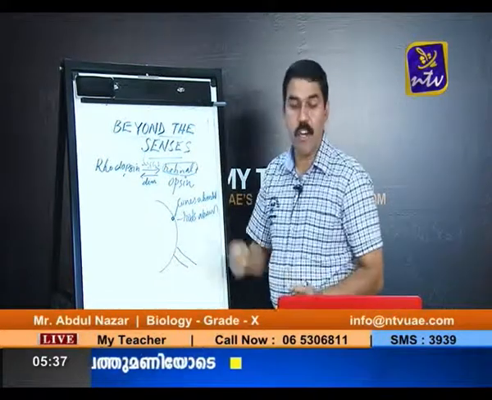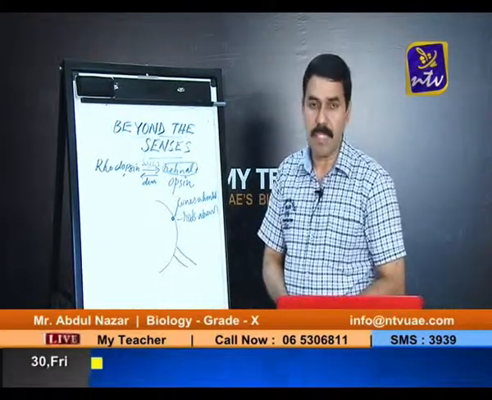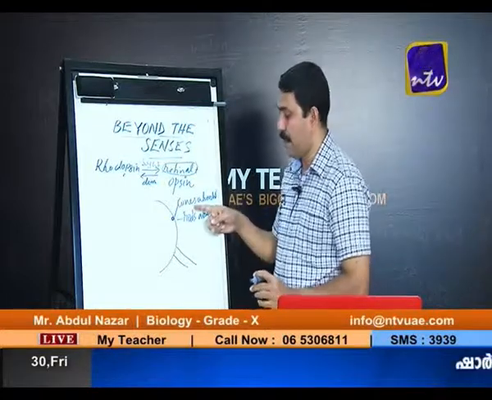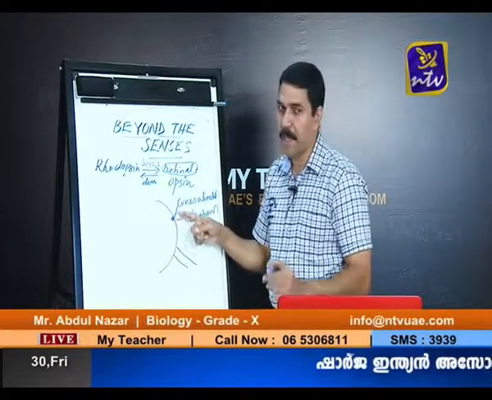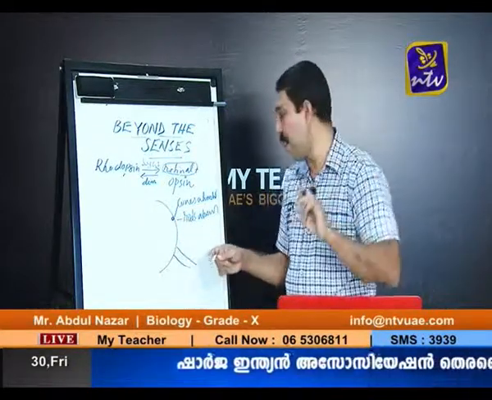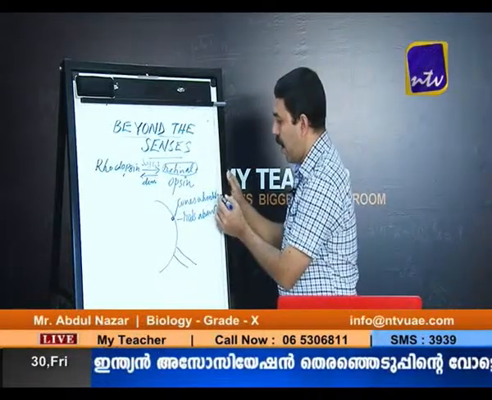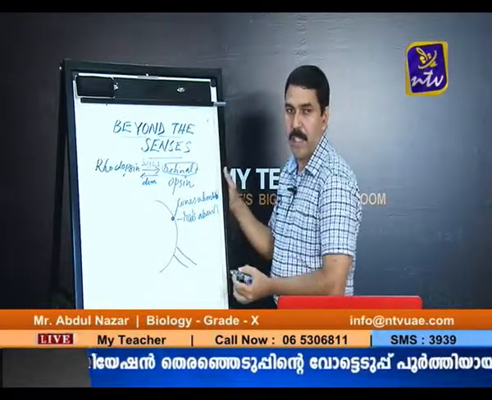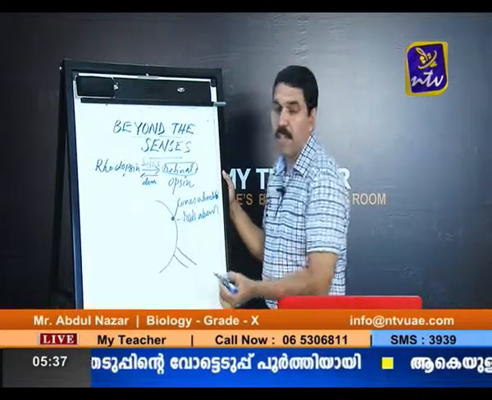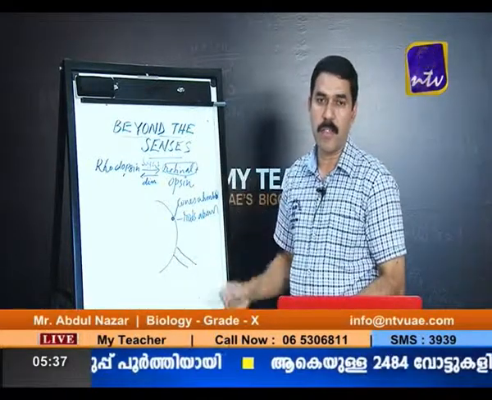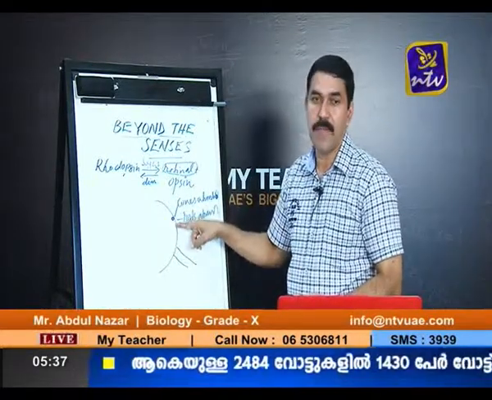This is the point of clearest vision, a particular point on the retina where the cone cells are abundant and the rod cells are absent. This point is called the yellow spot. So, it is the point of clearest vision.